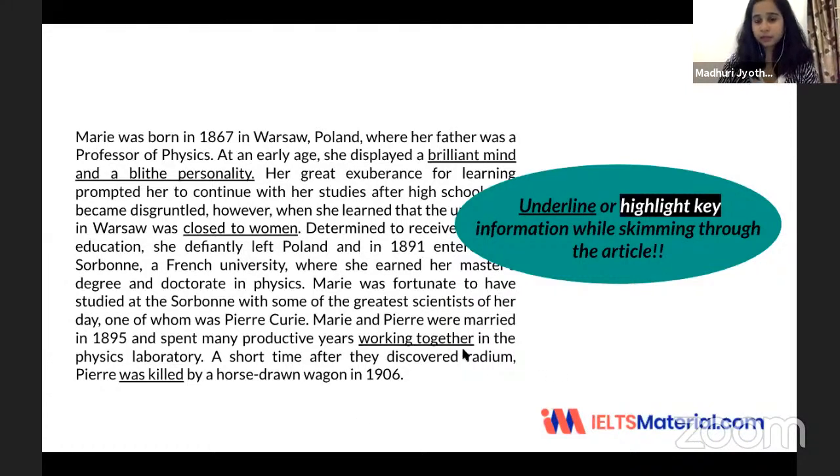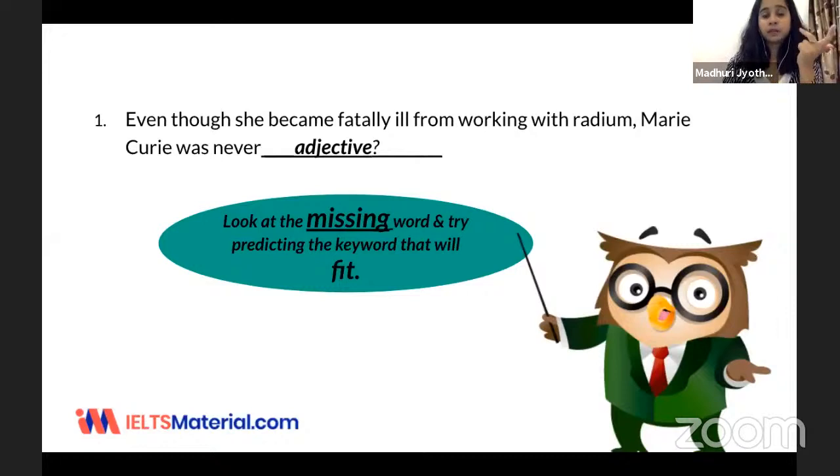Perfect. So now we are going to go ahead. Skimming is done, scanning is done. The third part is to identify, when you're reading a sentence, what could be the ideal word.